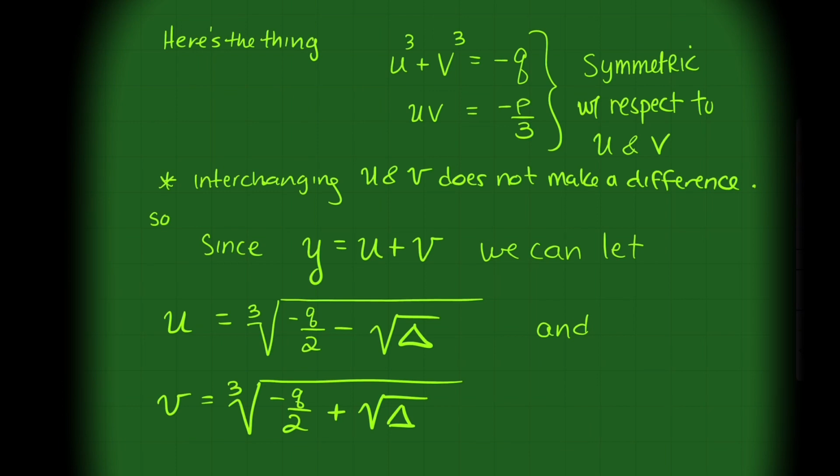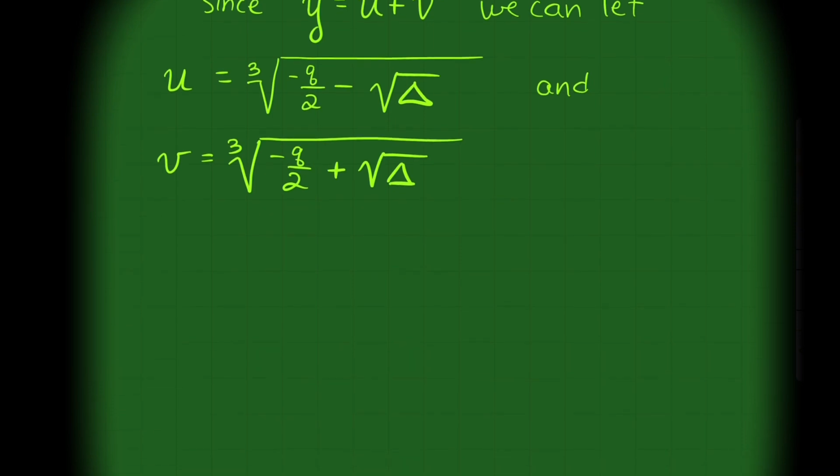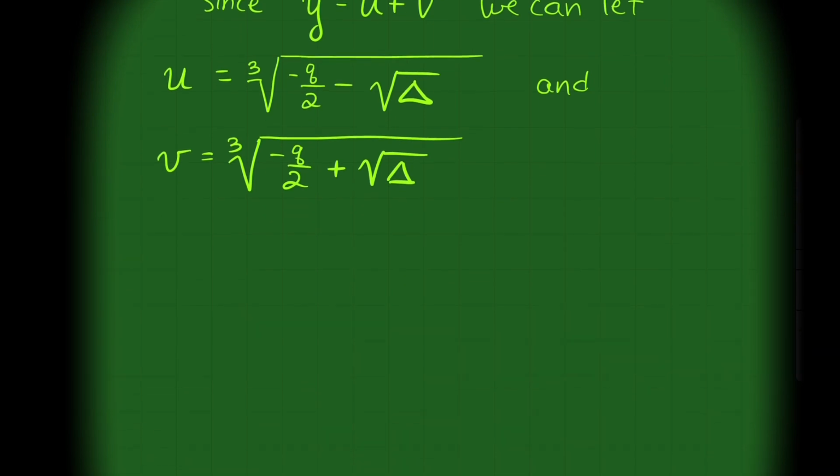So when we construct our solution for y and write y is equal to u plus v, then we can use these two cube roots as our primary solution. So this is y equals u plus v, which is our first solution. Y1 is equal to u1 plus v1, and that's the, we'll call it the negative cube root plus the positive cube root.